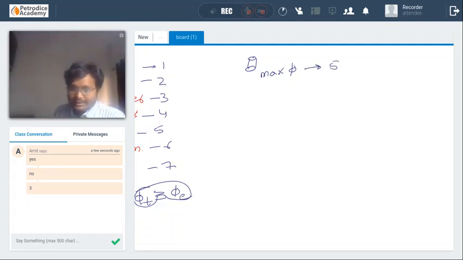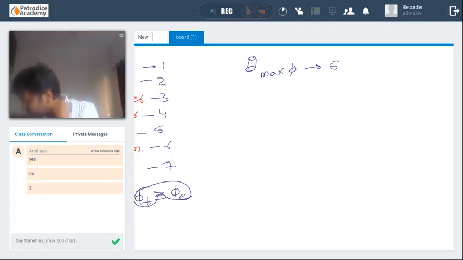Okay. Next one, which gives the most accurate effective porosity? Give your answer, guys. This is the most important one.